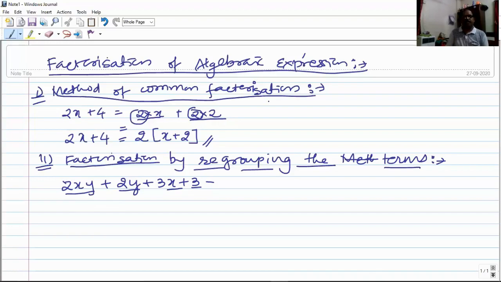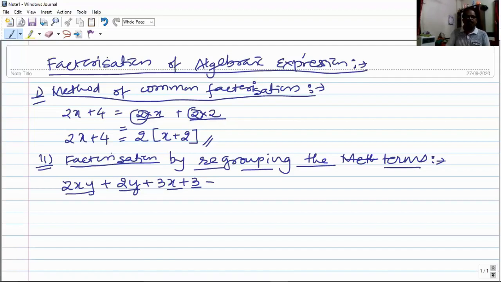What we do is regroup the terms in such a way that there is something common among two or more terms. Here we have four terms, and two terms have something common among them.